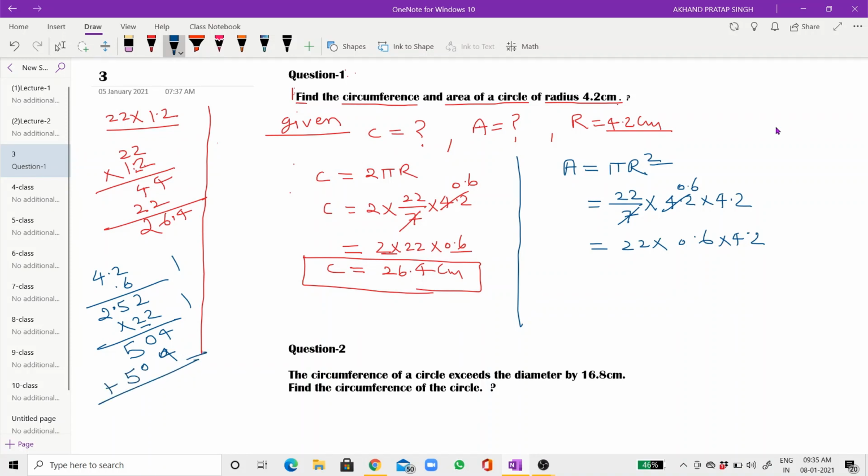If you add this, it becomes 55.44 centimeter square. So this is the value of the area.